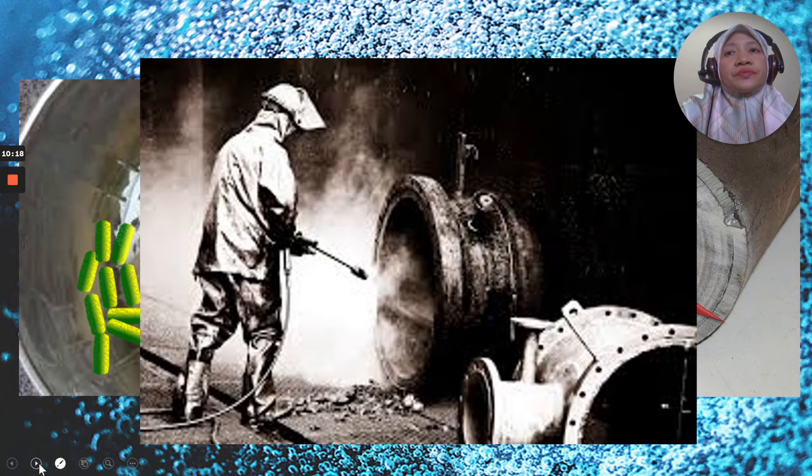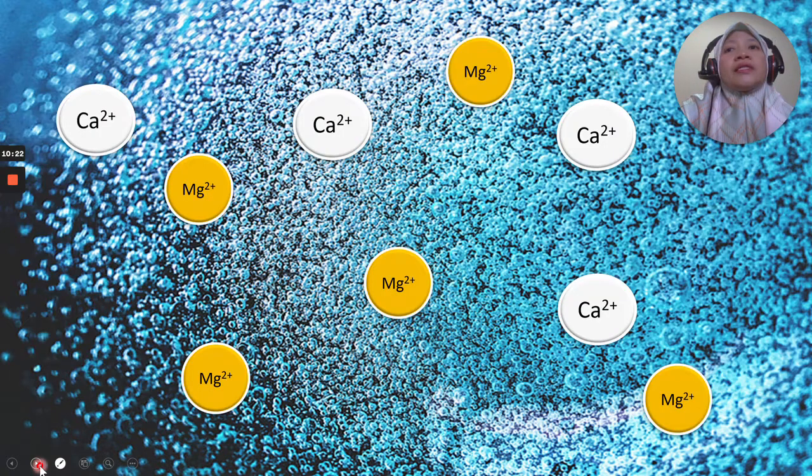Now, you know that when calcium and magnesium ions combine with bicarbonate ions, they will form insoluble mineral deposits.